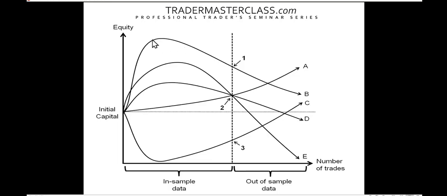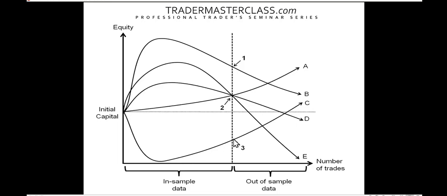Equity curve C is like the total mirror image of equity curve B. It lost money in the first 6 months. After that, over the last 1.5 years, it was on an upward trajectory. I'll select this. Although it lost money, this is the moving average that I will select based on this equity curve. So I'll select A and C.